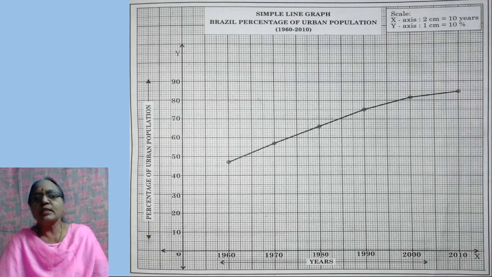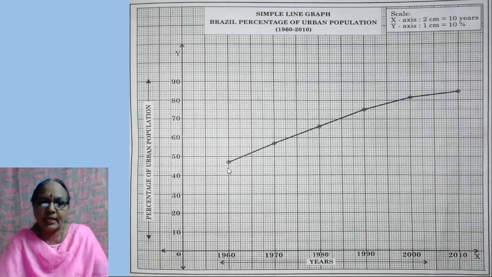Now, if you look at the line graph, you'll find from 1960 to 2010, there has been a steady increase in the percentage of urban population in Brazil. In 2010, it has increased to more than 85%.